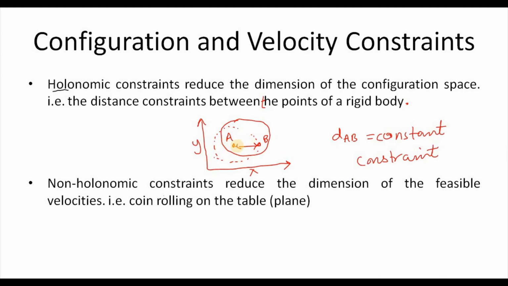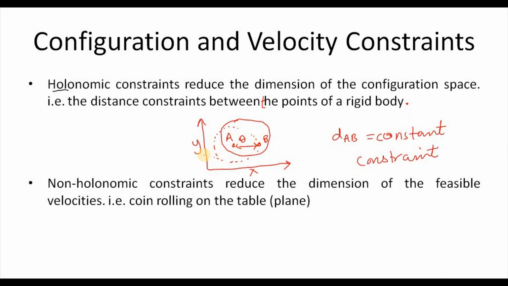Now it has only 1 degree of freedom, which is the rotational one, and its configuration can be described by the angle theta of this circle, where the point is located. These types of constraints that reduce the dimension of your configuration space are called holonomic constraints.